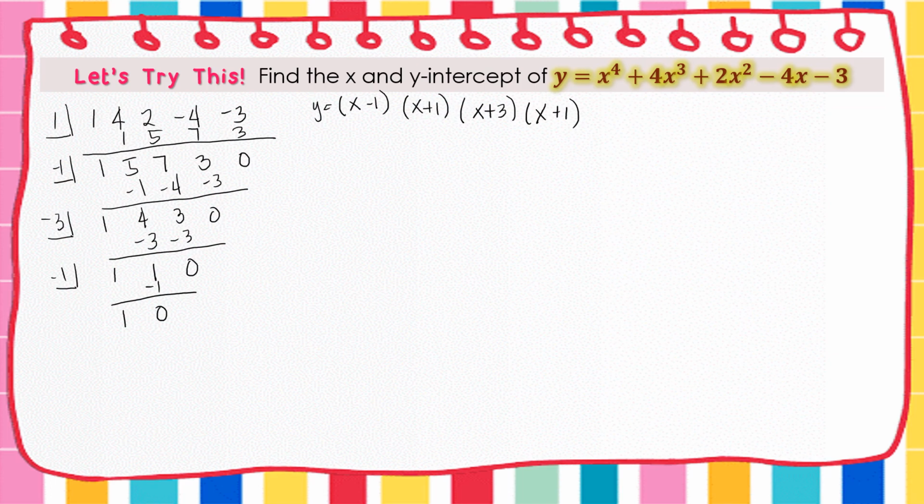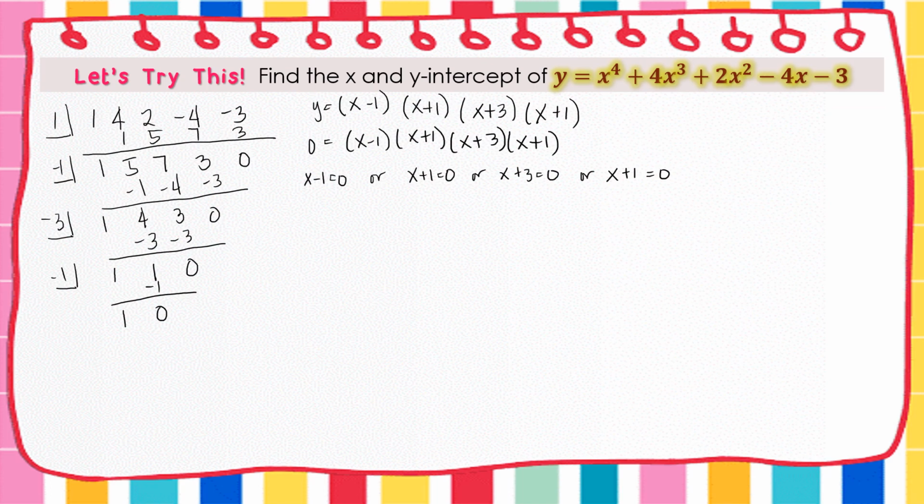Now, next step is change y to 0. X minus 1, x plus 1, x plus 3, and x plus 1. Actually, you can write x plus 1 squared na lang ngayon. Pero para mas ma-visualize nyo ng mas maayos, sige, elaborate natin yan. And by ZPP, we have x minus 1 equals 0, or x plus 1 equals 0, or x plus 3 equals 0, or x plus 1 equals 0.